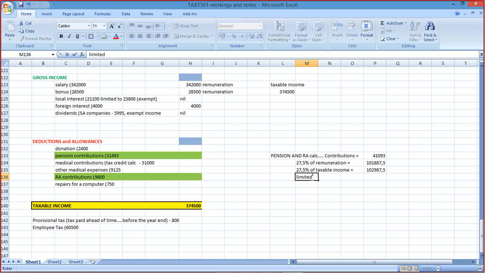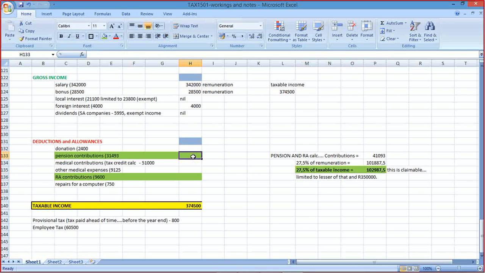Obviously limited to the lesser of that and 350,000. So I can only claim this amount. It's the greater of those two, but the lesser of that.